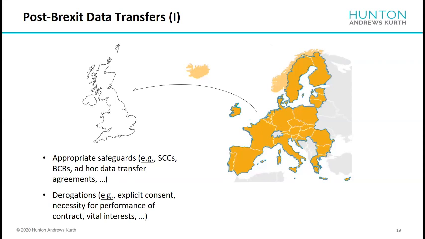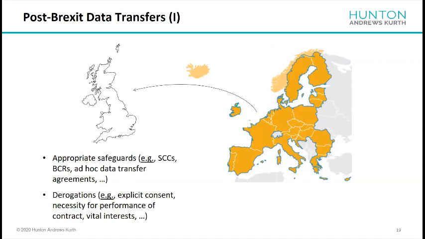The deadline is approaching fast, and businesses will therefore need to, if they have not already done so, start mapping their data flows to the UK and adjust their existing transfer strategy and related mechanisms, or implement new ones if necessary.